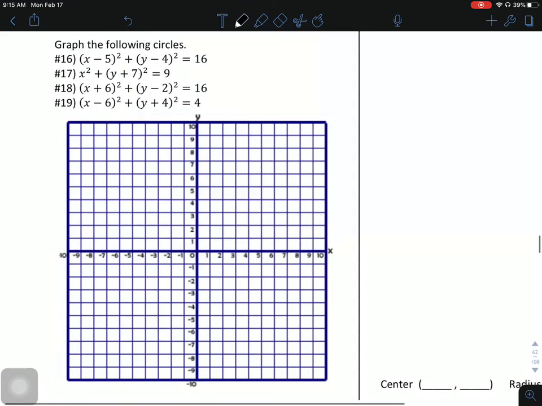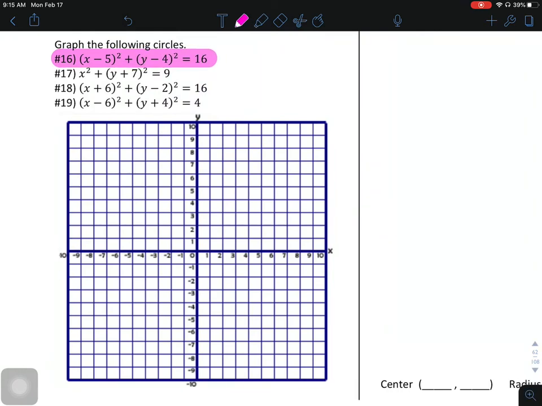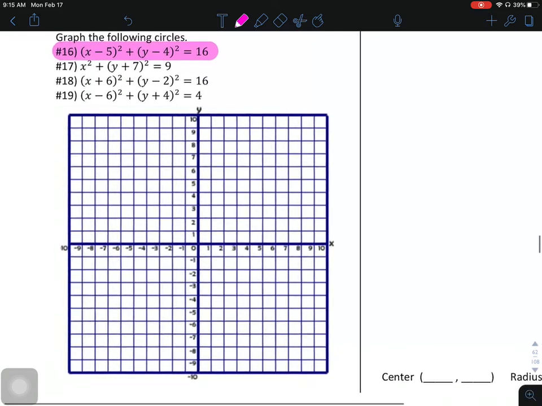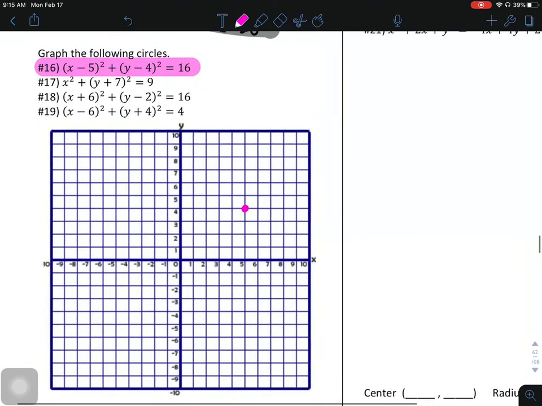Supposed to graph these? I will try to color code this. 16 has a center of positive 5, positive 4. It's in quadrant 1. The radius is 4. 1, 2, 3, 4.